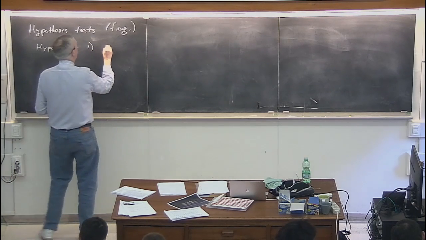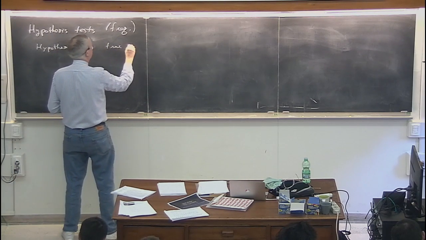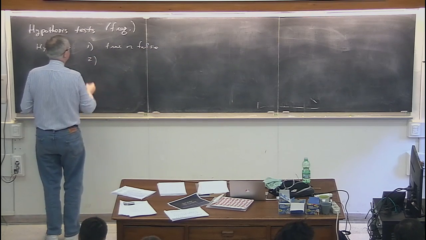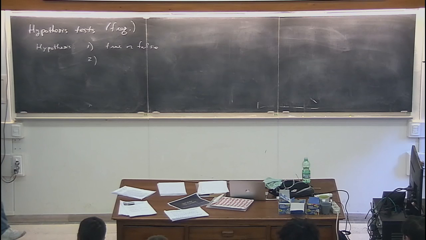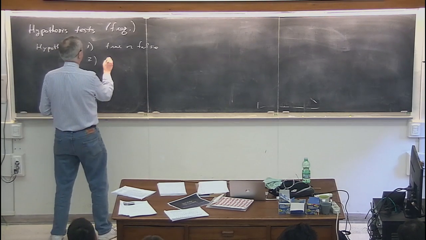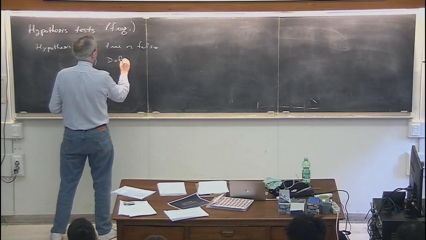So one, it's some true or false statement. But now, more importantly, when I say consider a hypothesis, that hypothesis has to provide a rule that gives you the probability for the data that you will be measuring. So it defines probability for data.